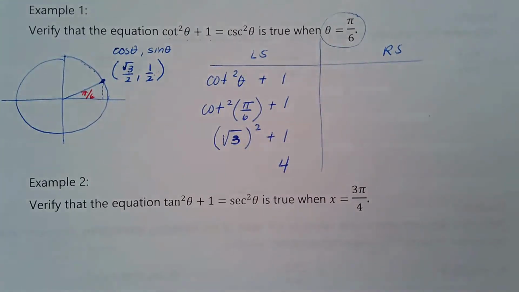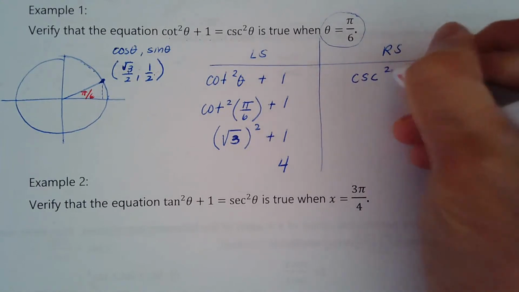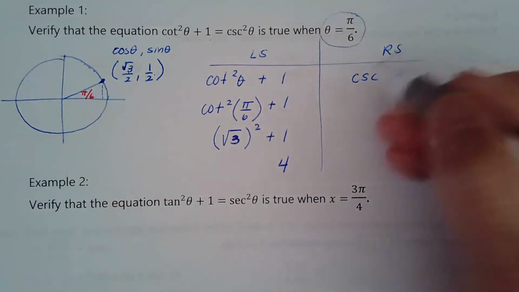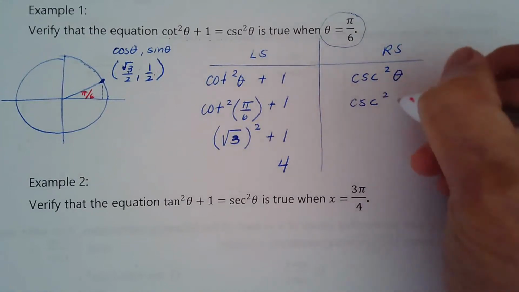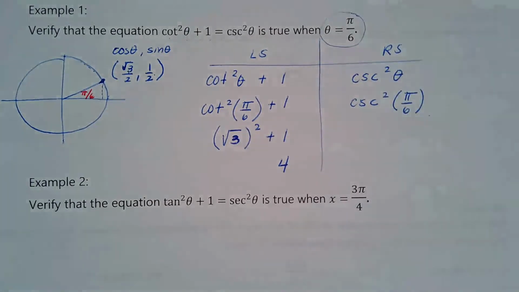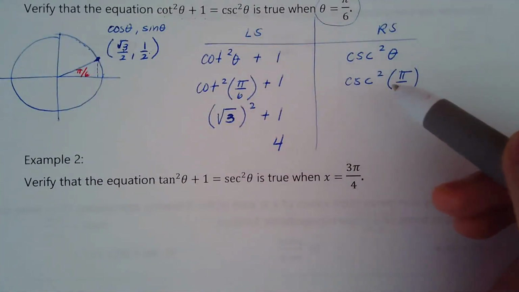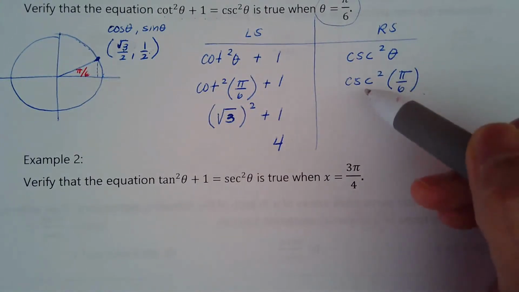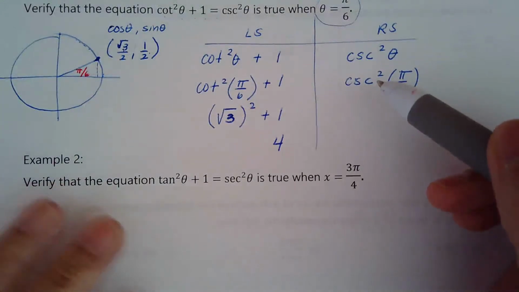Right side is cosecant squared theta. So what does that mean? It means cosecant squared of pi by 6. Well, what's cosecant of pi by 6? Cosecant is the reciprocal of sine, right?